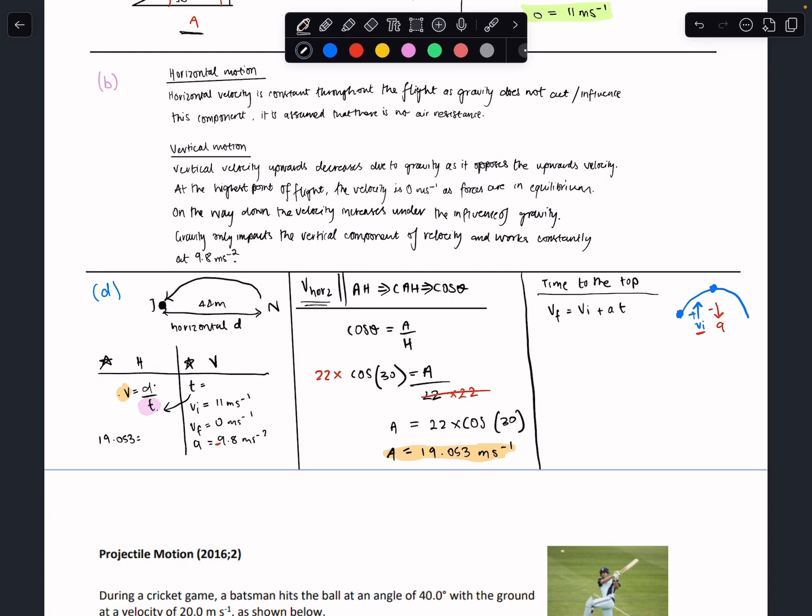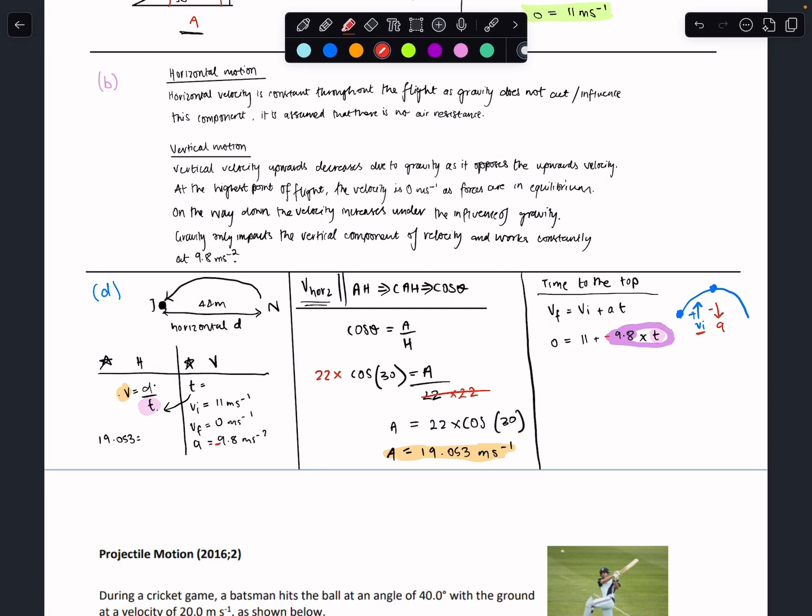Let's go ahead now and plug everything in. So VF is 0, VI is positive 11 meters per second plus negative 9.8 meters per second squared times time. Here's what I can do. I am going to use my onion analogy. If time is the core of the onion that we're trying to get to, we need to peel each layer one by one.